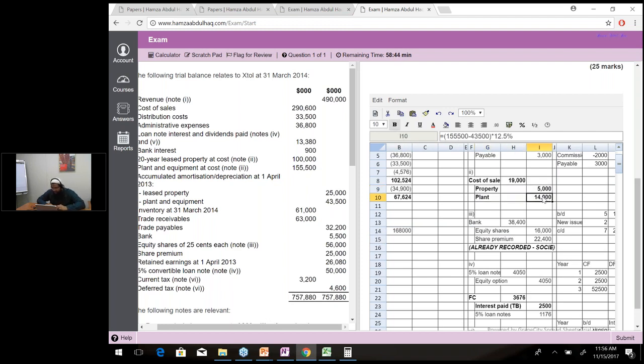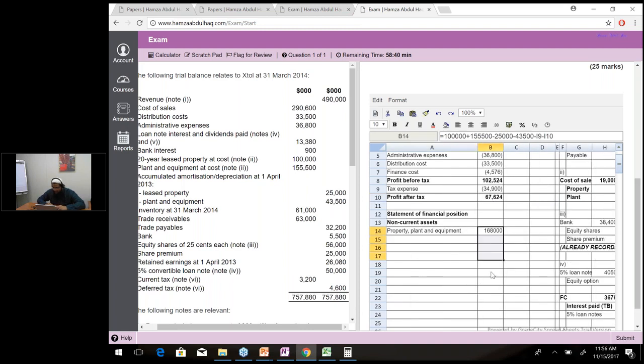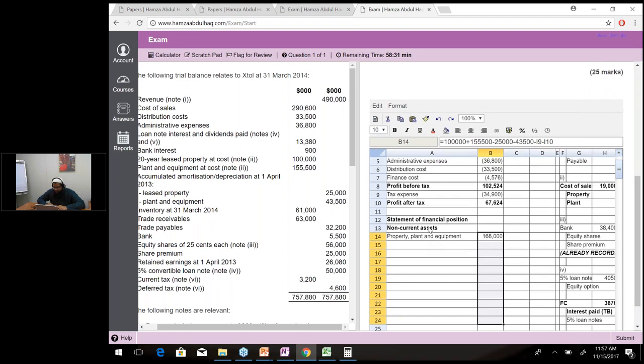These impacts have been incorporated now. And again, I'm selecting these and making this rounded off values. So after property, plant, equipment, we have current assets. Okay, again, formatting is not important, but I'm doing it right now so that it is easier for you to understand.